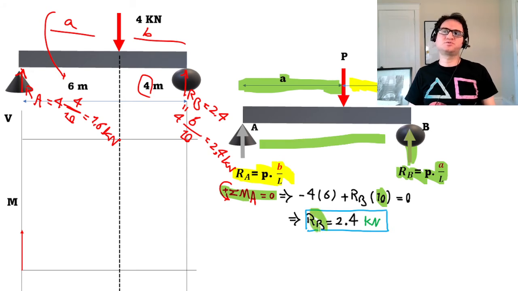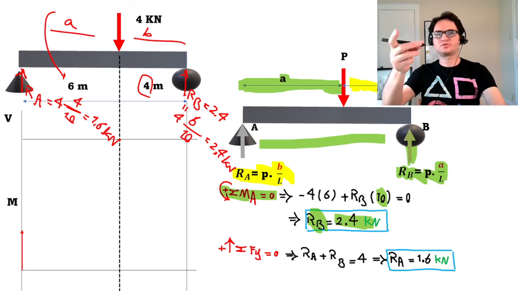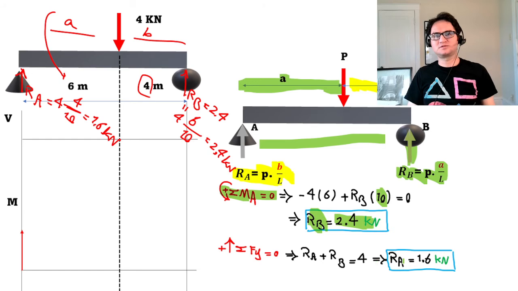It gives you Rb equal to 2.4. As soon as you have one of them, by summation of forces in the y direction equal to 0, Ra plus Rb should equal 4, then it gives you Ra, which is the same numeric value we got earlier.